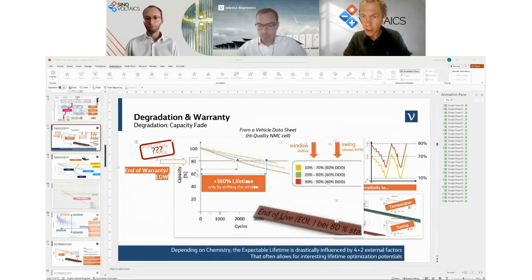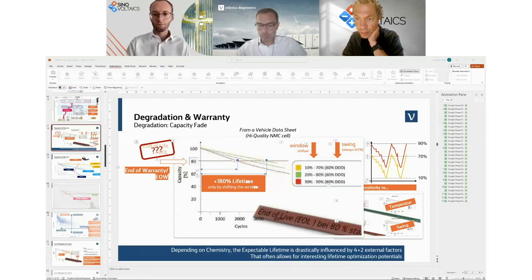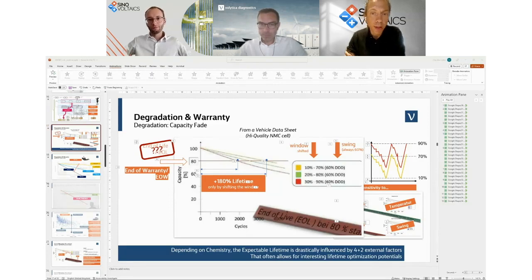Let me see. There's still more questions. Question here: how safe is LMO? Some manufacturers give hybrid LMO plus NMC. Yep, I made a simplification, like I made a lot of simplifications actually.